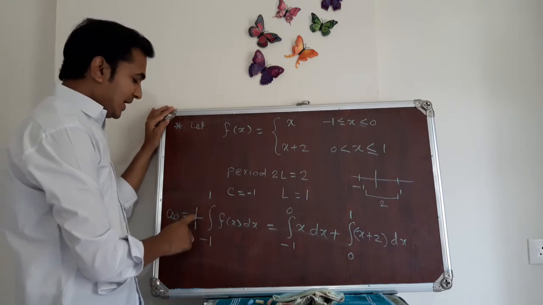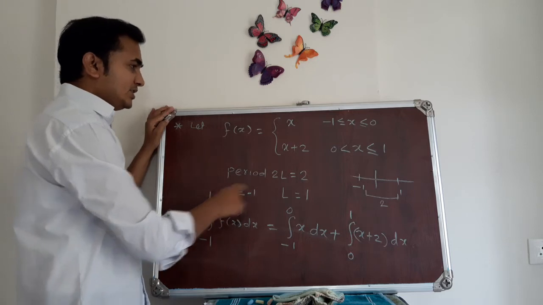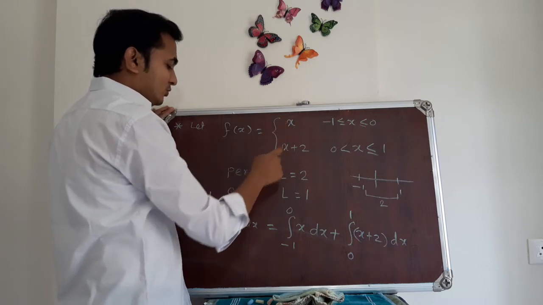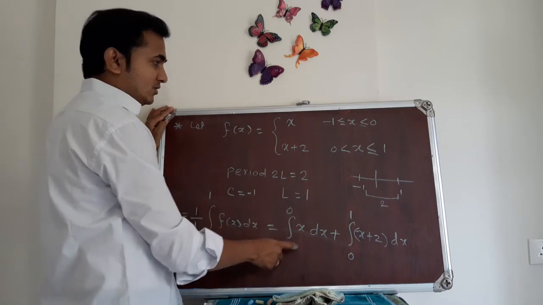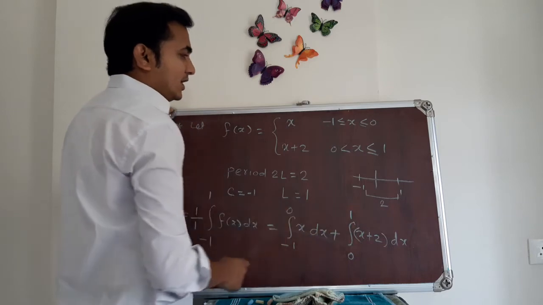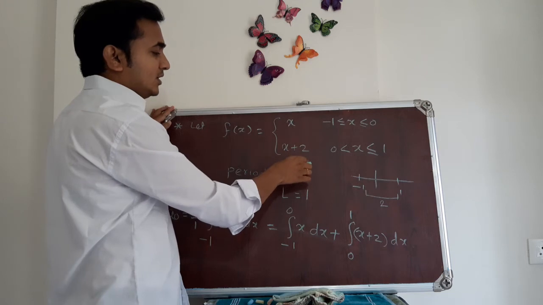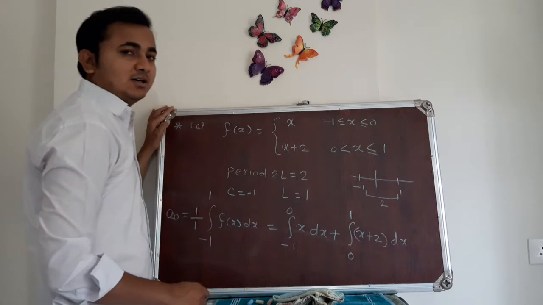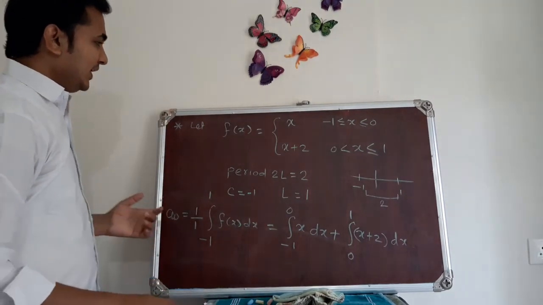I repeat, 1 by L, c to c plus 2L, c was minus 1, c plus 2L is 1, f of x dx. As the function is split into two parts, you will have to split these limits into two subparts, from minus 1 to 0 and then 0 to 1. If at all there is a third piece, say x plus 2 and something like x minus 5 for some interval, then you will split it accordingly.